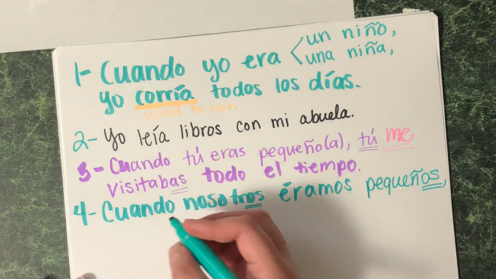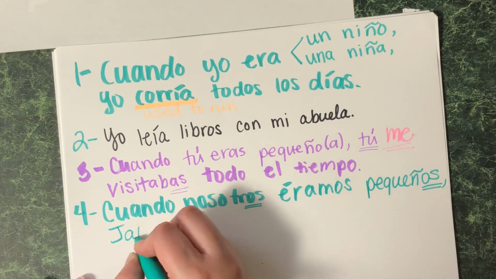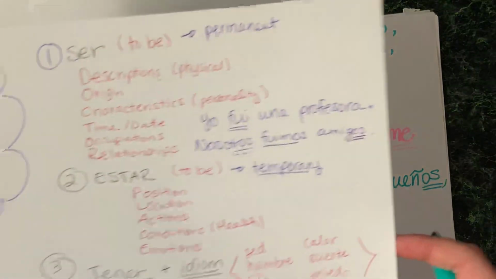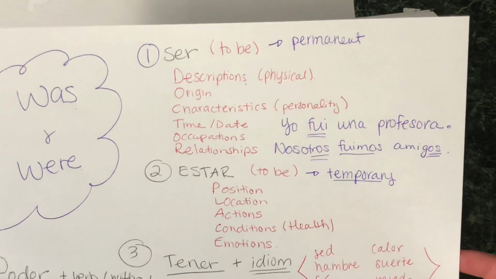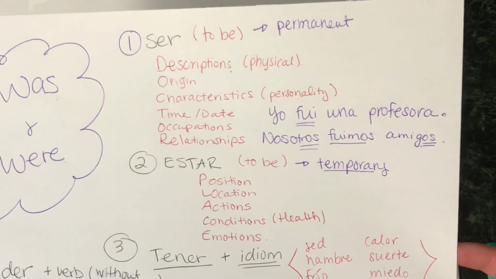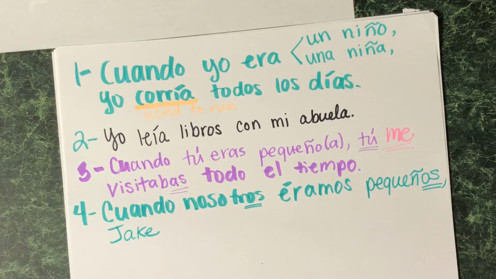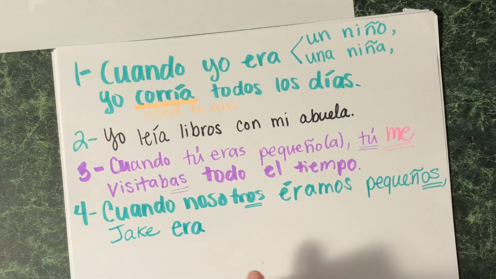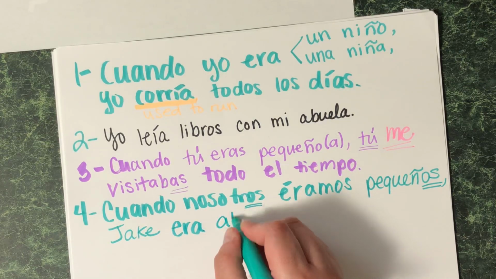Jake was tall. Jake. Now to say was, 4 ways of saying was. We're looking for a physical description. Which verb are you going to pick? Ser. Exactly. So in the right form of ser, which is irregular, like this one, Jake era, and then tall, alto.